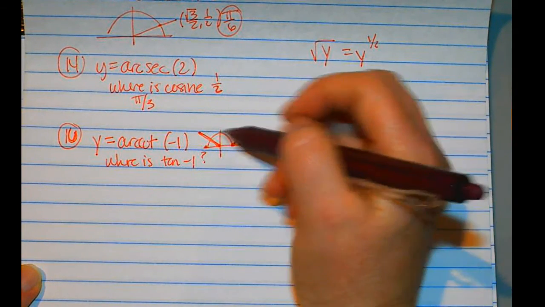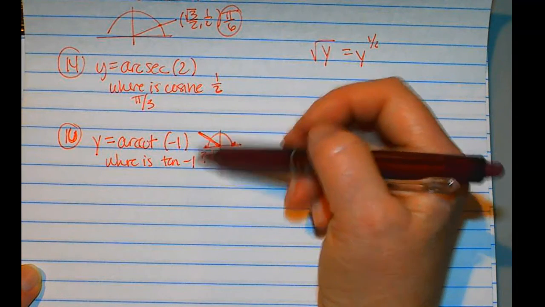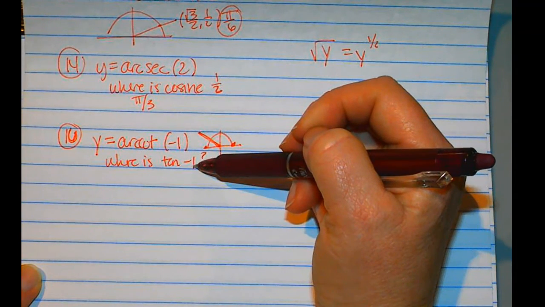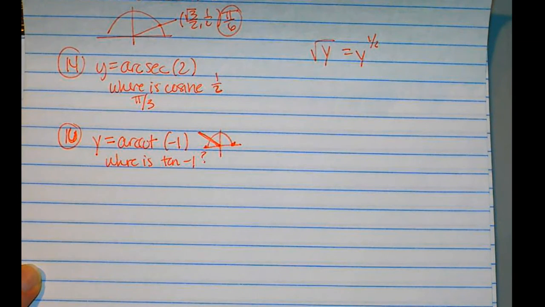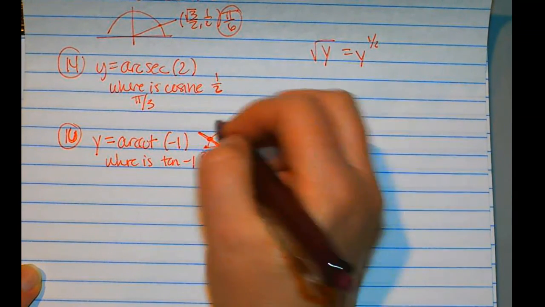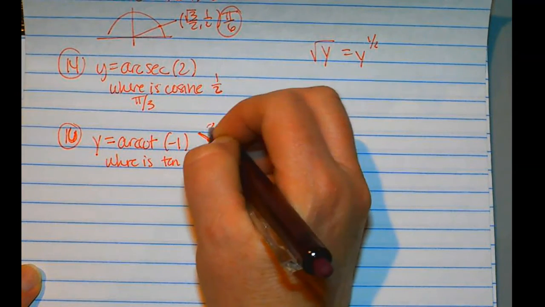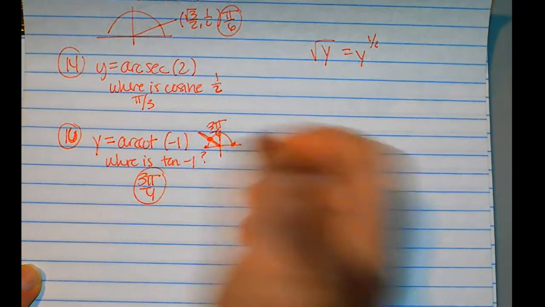So that's why we use this top circle for cotangent. So this is sort of helpful, but not as much in this case because their circles are not the same, or their little half circles are not the same. So this should really be this value, which is 3 pi/4.